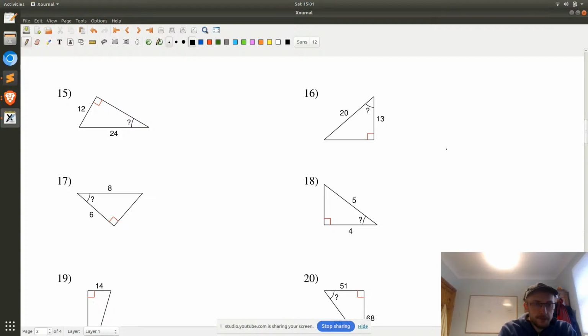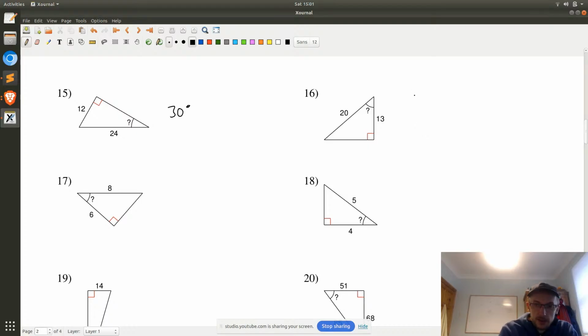And opposite and hypotenuse as well, in fact. And that's actually a half. So arcsine of a half is 30 degrees. And it's the 1, root 3, 2 special triangle, 30, 60, 90.